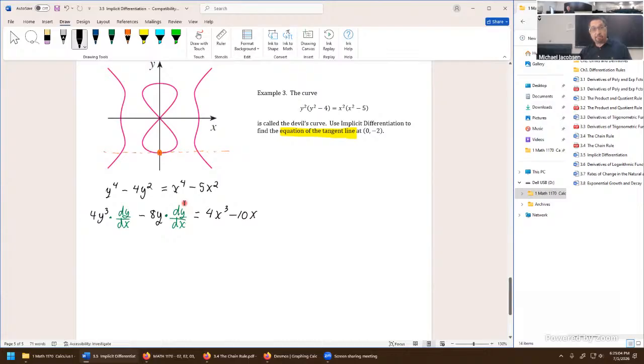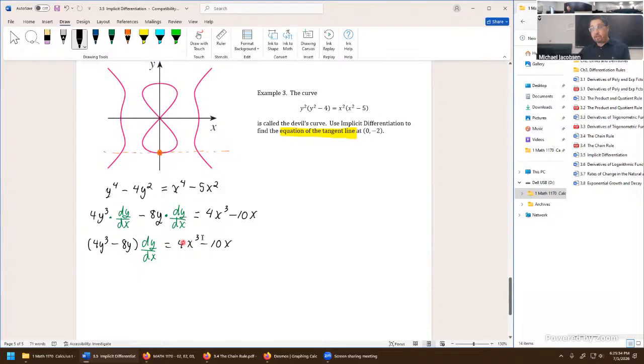And we're kind of over the big steps algebraically. We just need to factor out dy/dx. If we do that, we have 4y cubed minus 8y times dy/dx equals 4x cubed minus 10x. And it can be helpful sometimes to reduce the equation, either at this step or on the next step.